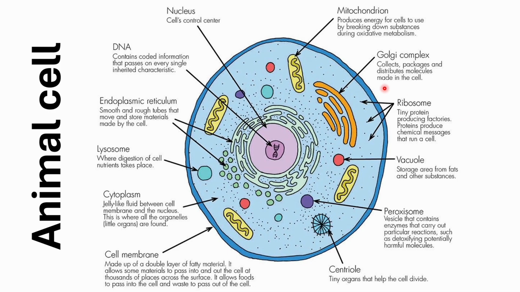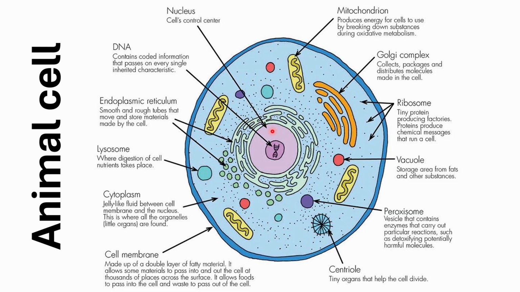So I'm going to start with the animal cell and the plant cell. Both are the same, almost all the organelles are present, but there are some differences in structure, some differences in function, and some differences in the number or type of organelles present in each cell. We're going to learn about this in this video.